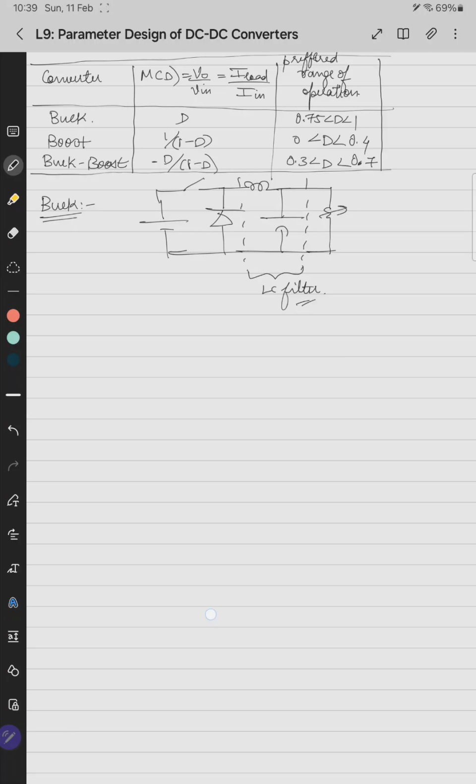We'll see the volt-second balance of an inductor. We know that VL is L dIL by dt.